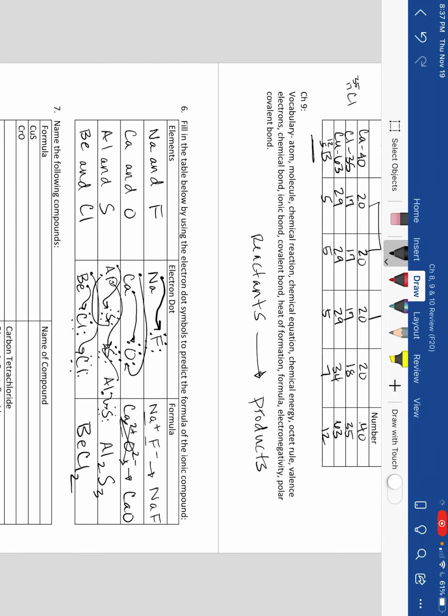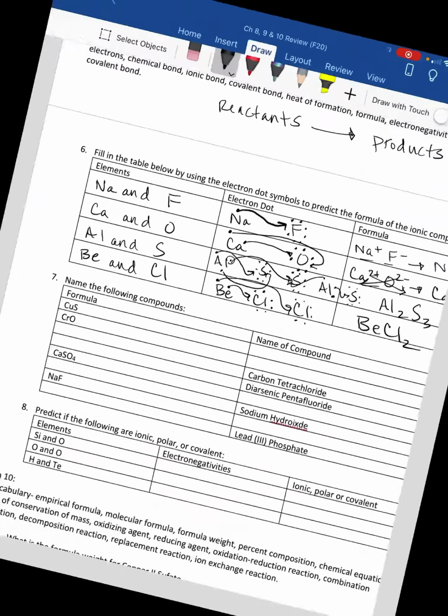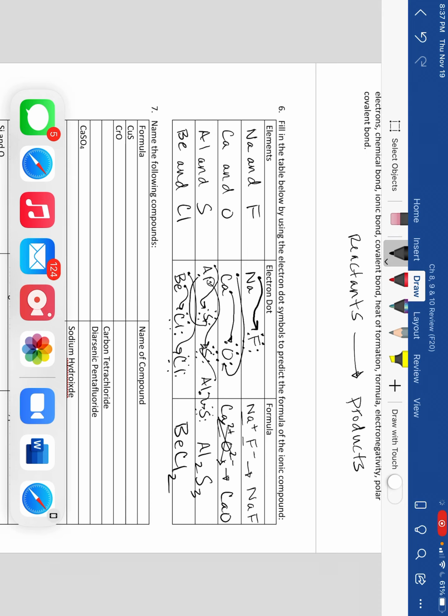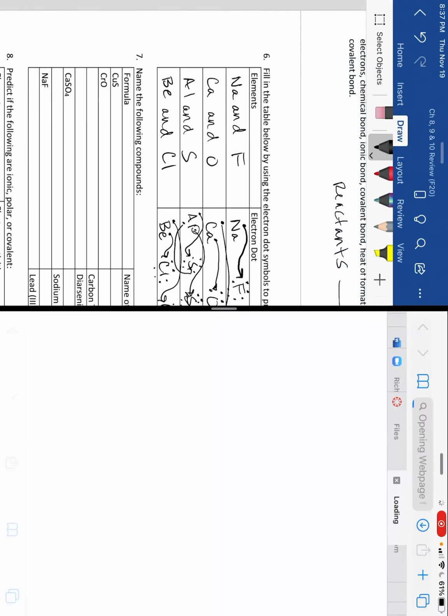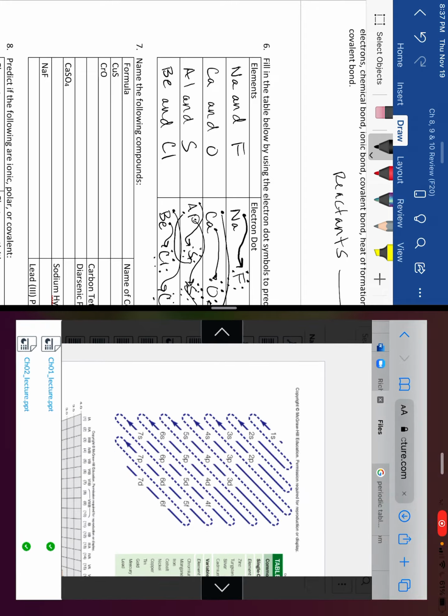Okay. All right. So then it wants us to name these compounds. So this is one of those where we're going to want our reference page again. Let's see, go back to files here.